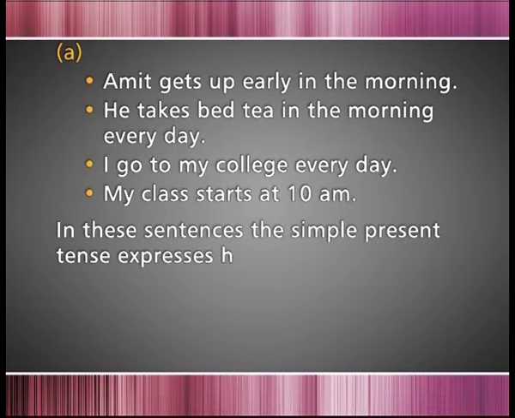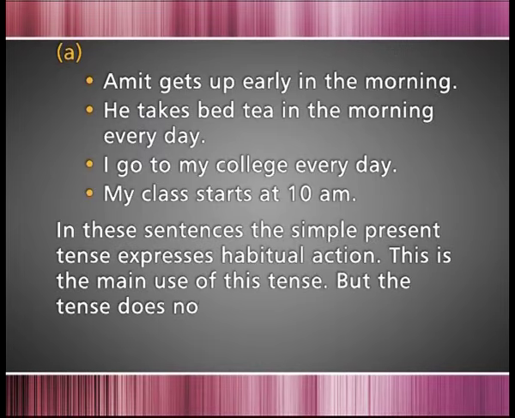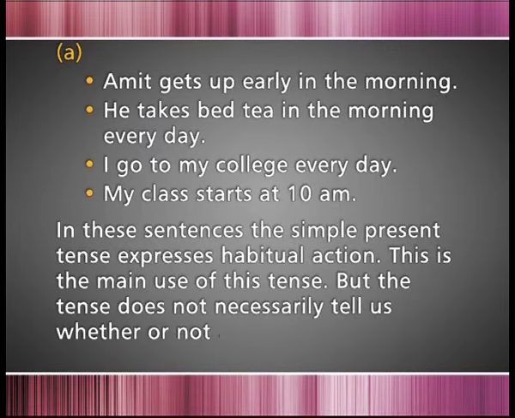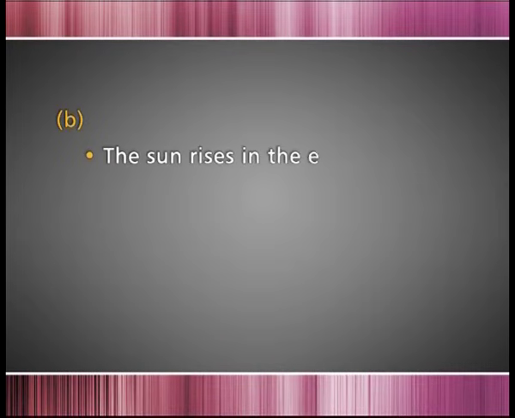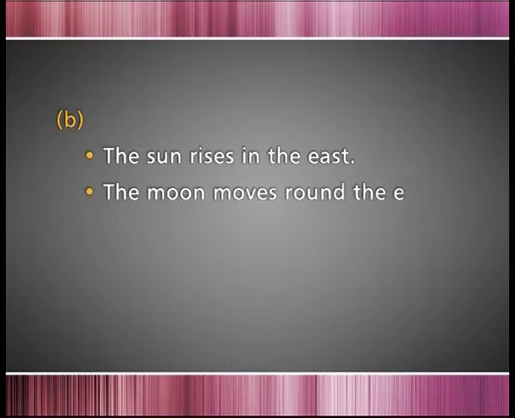In these sentences, the simple present tense expresses habitual action. This is the main use of this tense. But the tense does not necessarily tell us whether or not the action is being performed at the moment of speaking. B. The sun rises in the east. The moon moves round the earth. God loves all men.